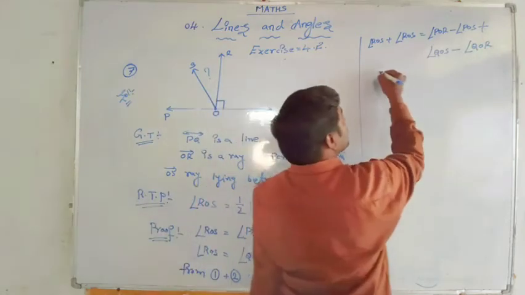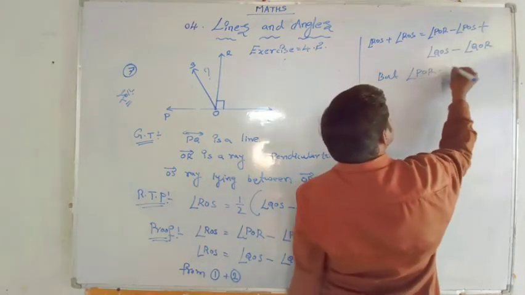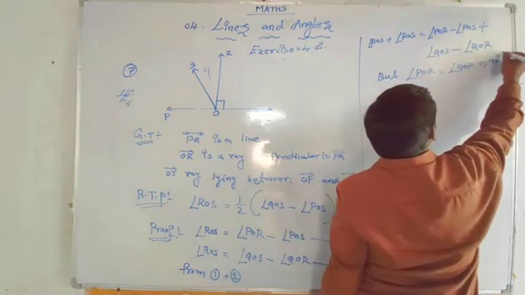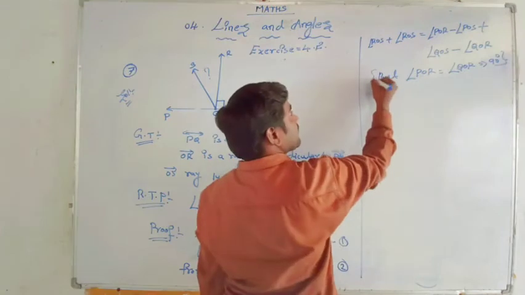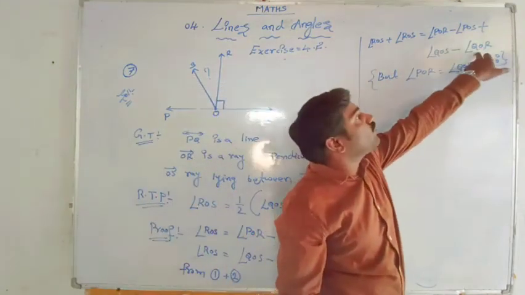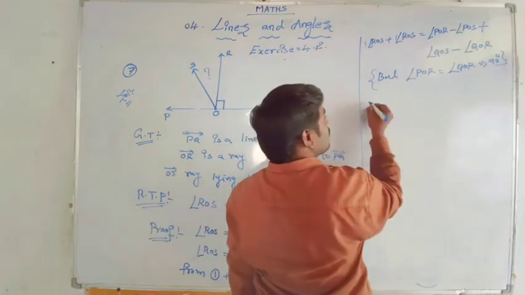Yes, here angle POR is equal to angle QOR, both are 90 degrees. So in the place of POR and QOR I will place 90 degrees. Here but one ROS and one ROS.